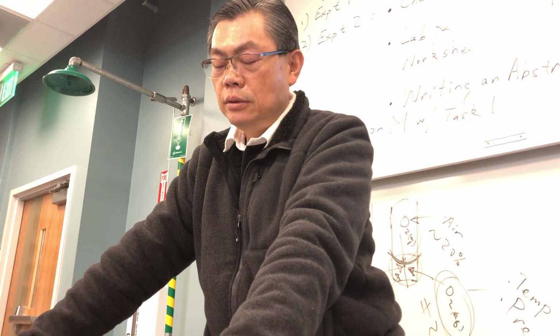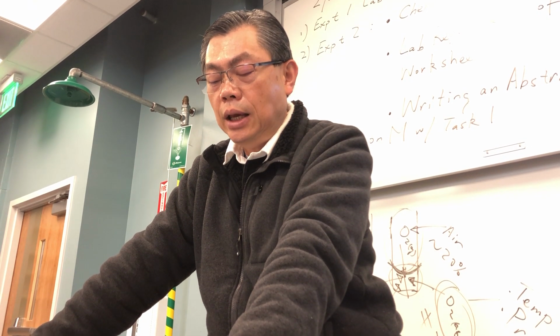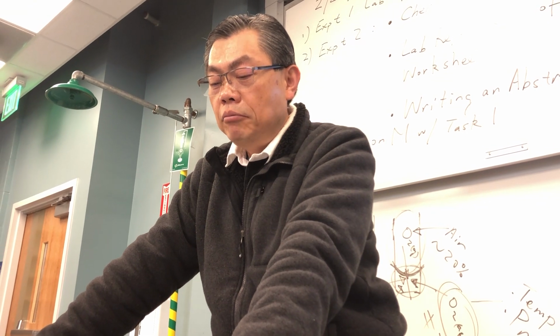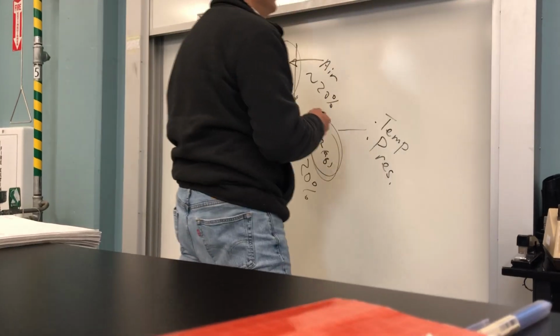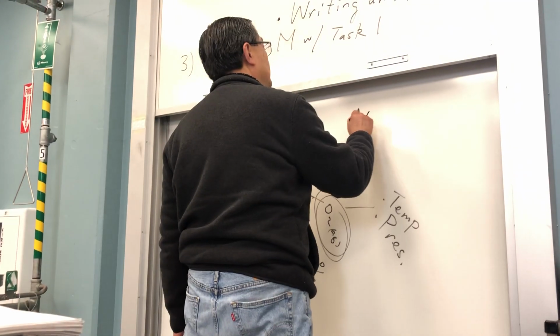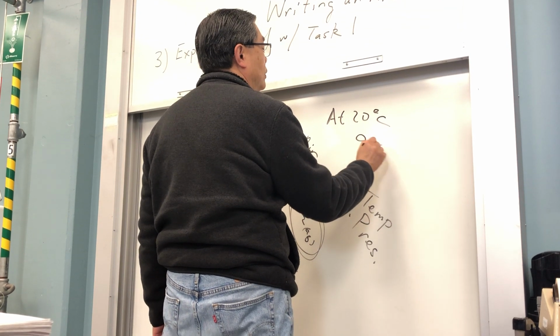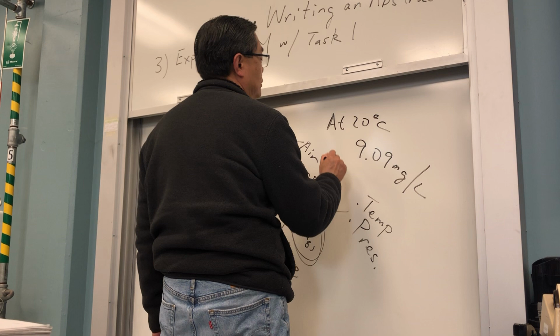Assume it's normal pressure. For example, at 20 degrees C, we have 9.09 milligram per liter oxygen.